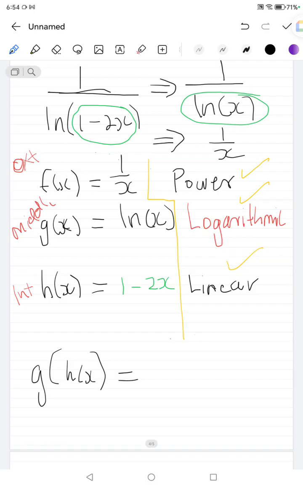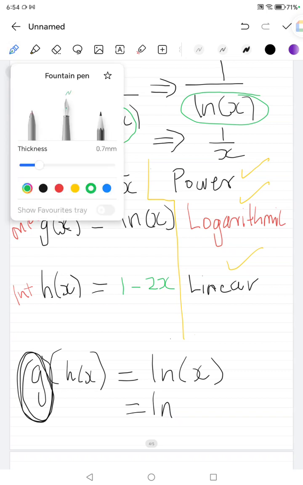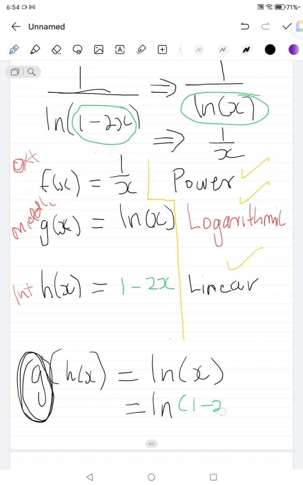And what's my g of x? My g of x is my external one, which is my ln of x. But you remember the rule, where I see my x, I go and input my h of x. Then I'll see I have my ln of, then you have 1 minus 2x.